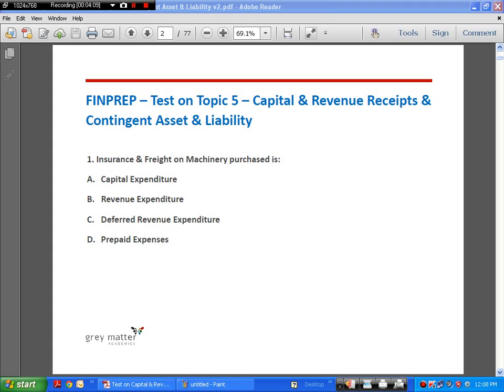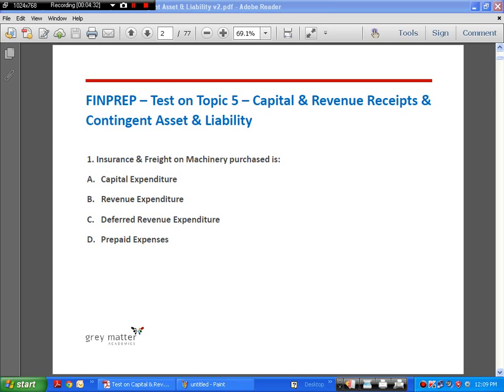For example, if the basic cost of the machinery is say 1 lakh rupees, and the expense incurred on insurance and freight is say 30,000 rupees, then the cost of the machinery that appears in the balance sheet is 1,30,000 rupees. The accounting entry will be machinery account debit to cash.